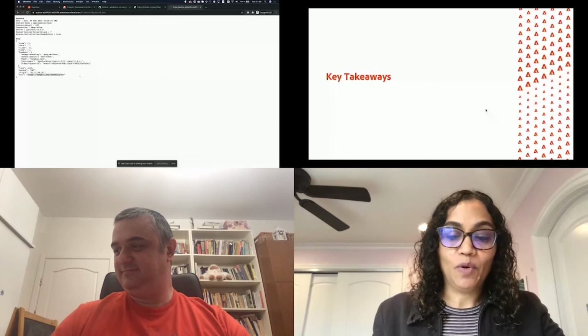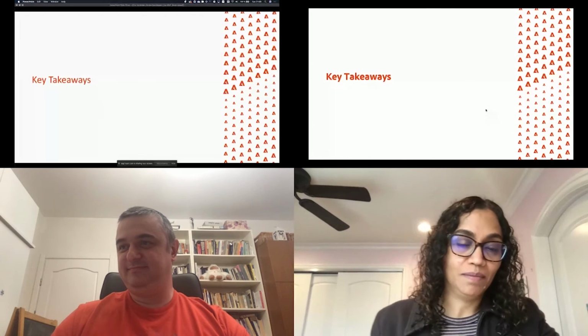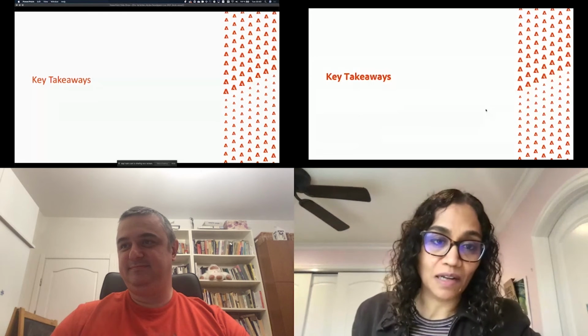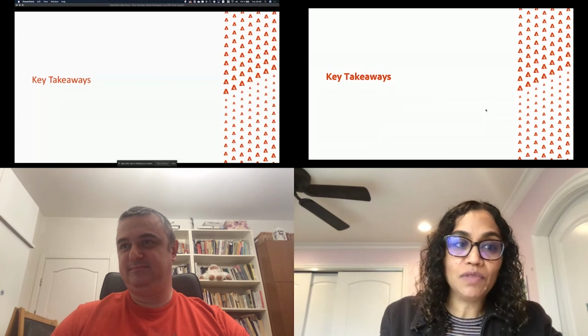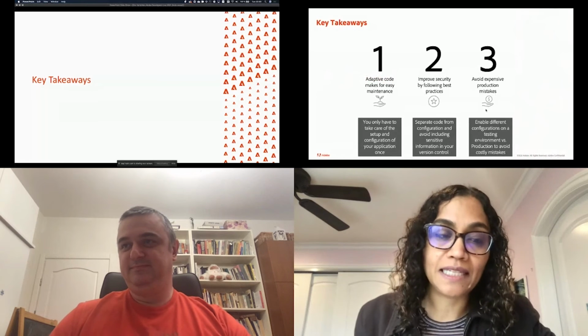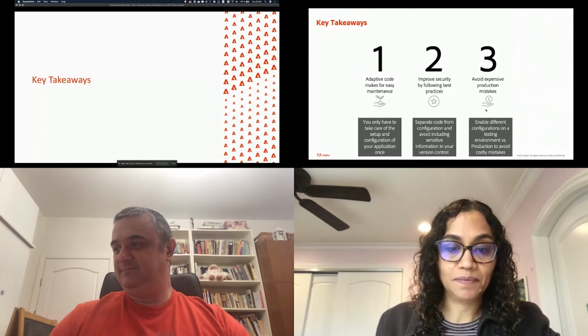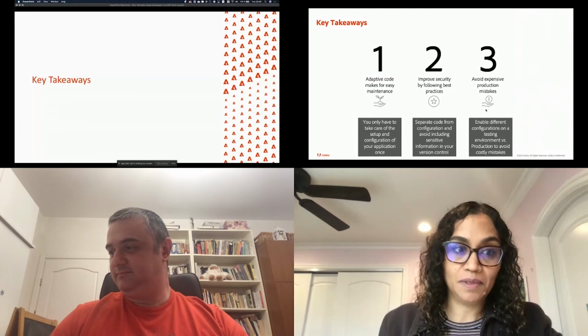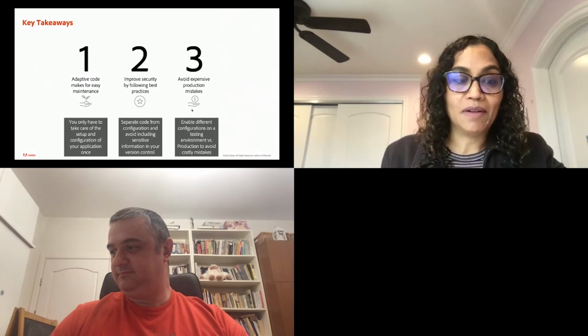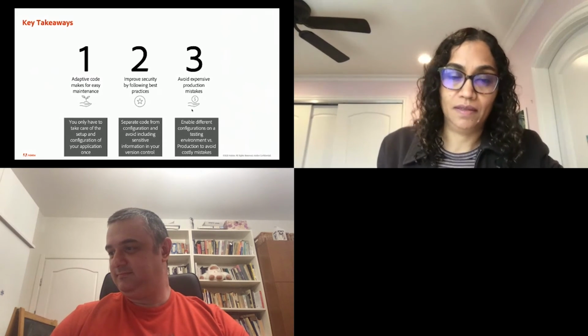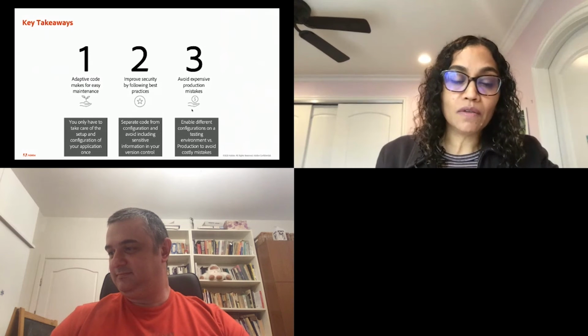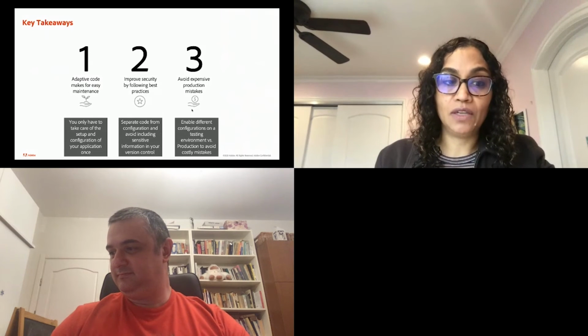That was a great demo and such a powerful way to show how environment variables on cloud service can be put into action. With that, I'd like to recap the 3 key takeaways from today's session. 1, by using environment variables, you need to worry about setup and configuration of your application code base just once. 2, you can avoid putting sensitive information in your version control by separating code from configuration.